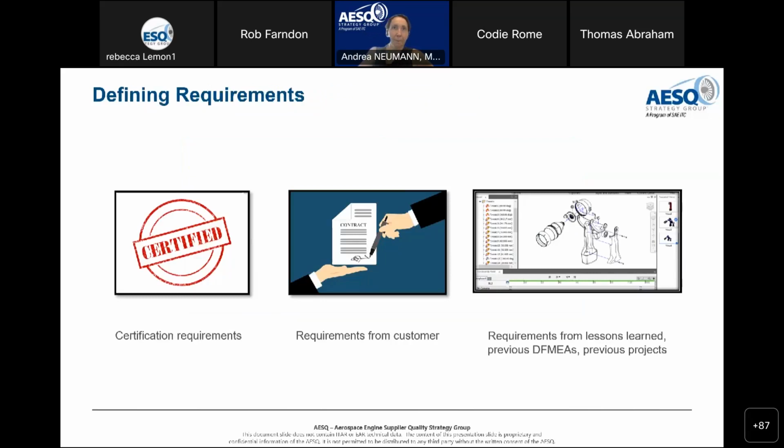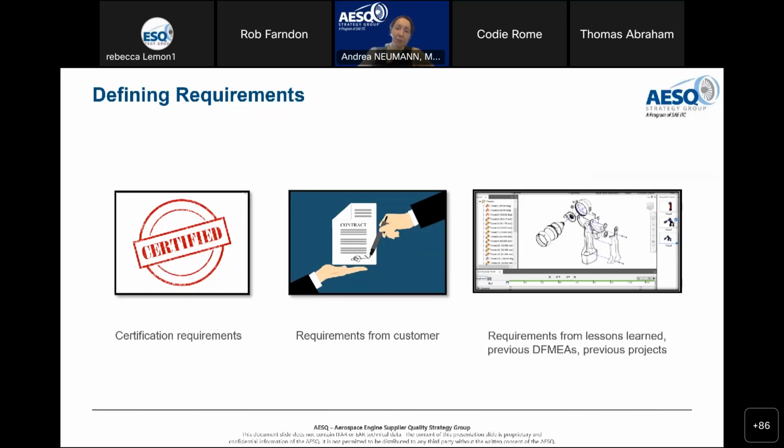So at the end of the first step, after you have defined your item and also the functions, there should be the requirements. There is the question, where do I get the requirements? I think at first you will just think about the certification requirements because they are mainly the main requirements you would have in mind for your part and also for your design.